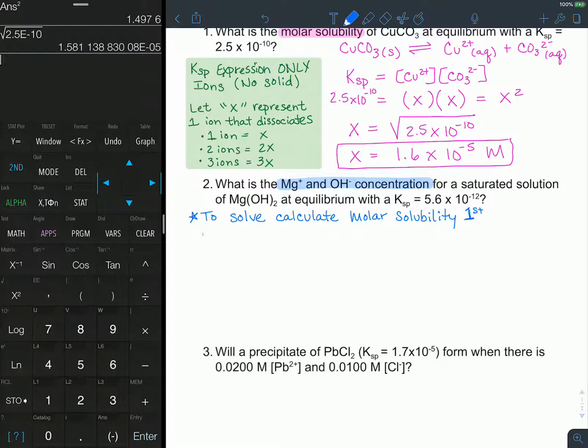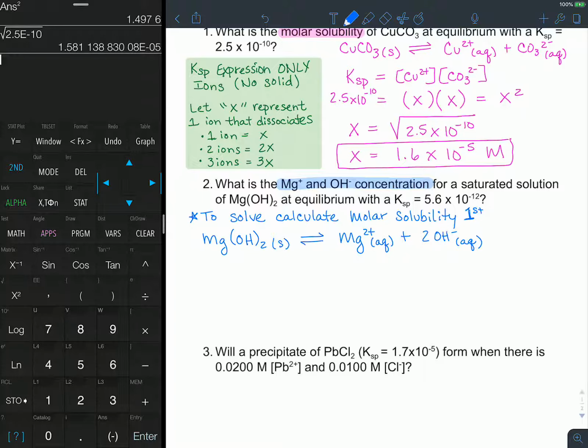I'm going to start off with my magnesium hydroxide, Mg(OH)2, and that's our solid. We're going to dissociate that into 1 magnesium ion and then 2 hydroxide ions, 2 OH minus.